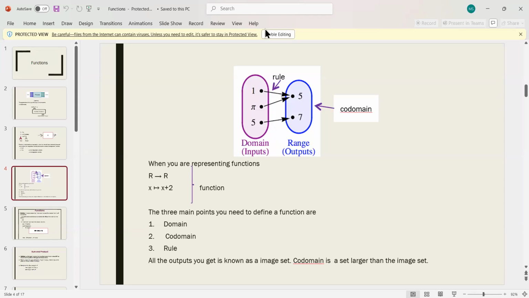Now there are 34 participants, so there should be 34 codomains. If you can't understand that, let me know. Is it difficult to understand? Yes or no?